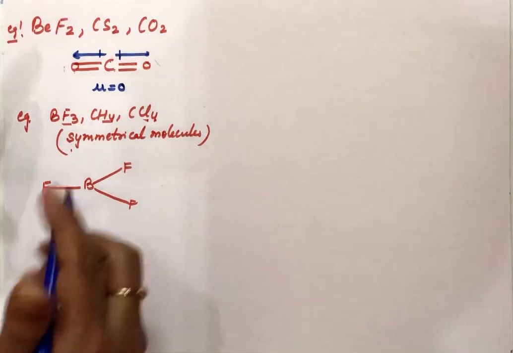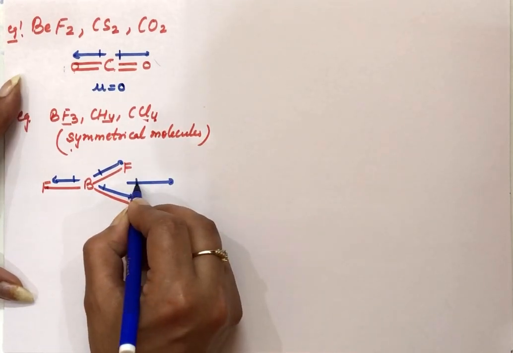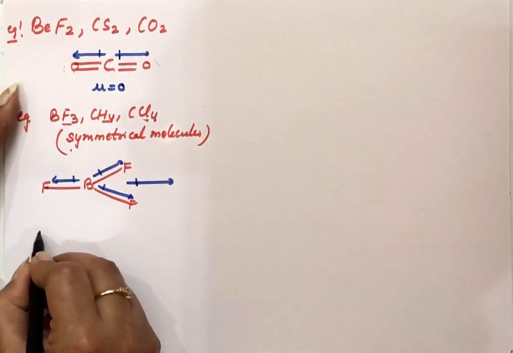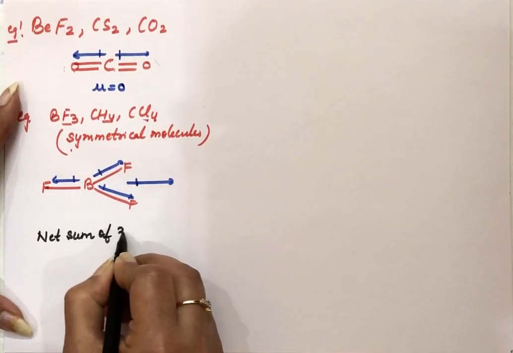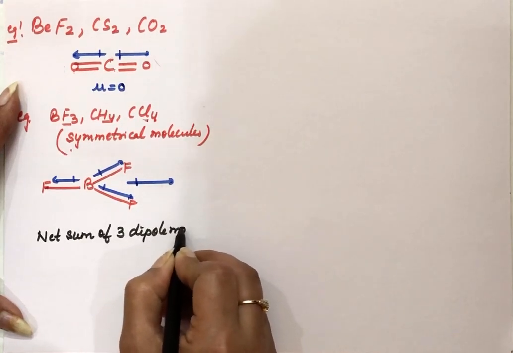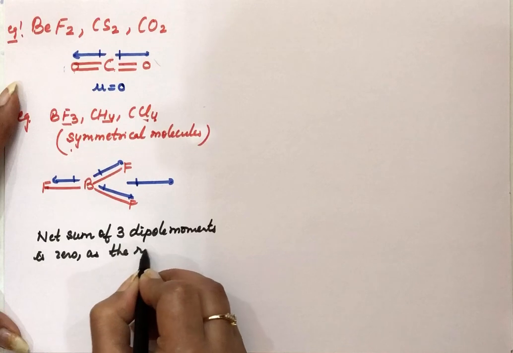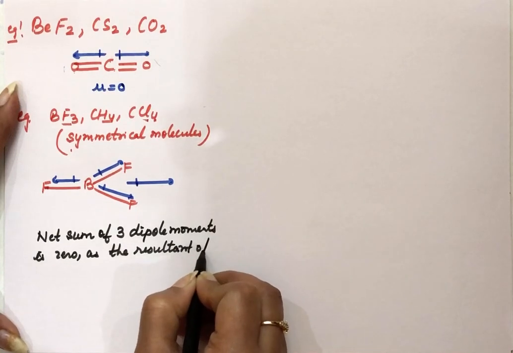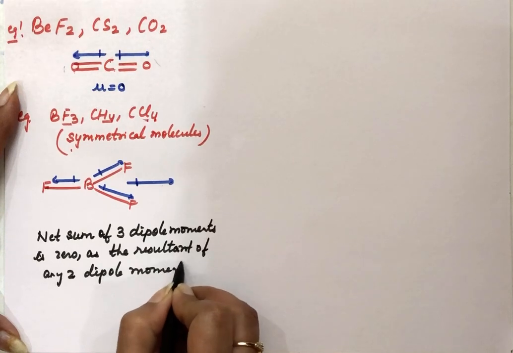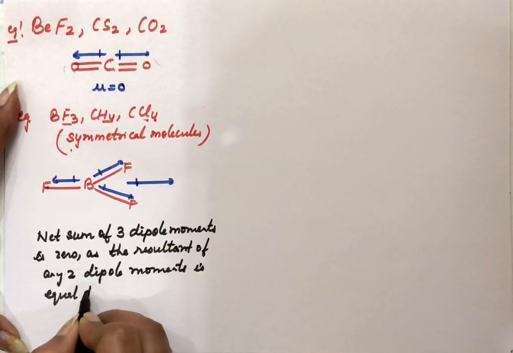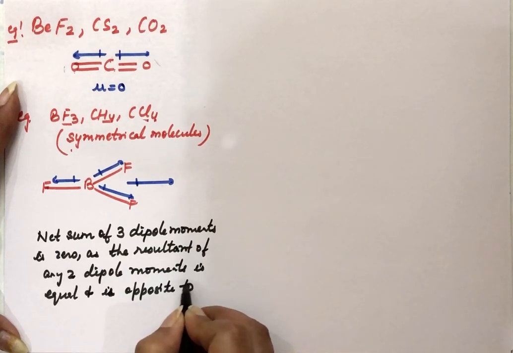in this case, the dipole moment direction is towards fluorine and the resultant dipole moment will be this side, but when we take the sum of the dipole moments of the 3 BF bonds, the net sum of the 3 dipole moments is 0, because the resultant of any two dipole moments is equal and opposite to the third.